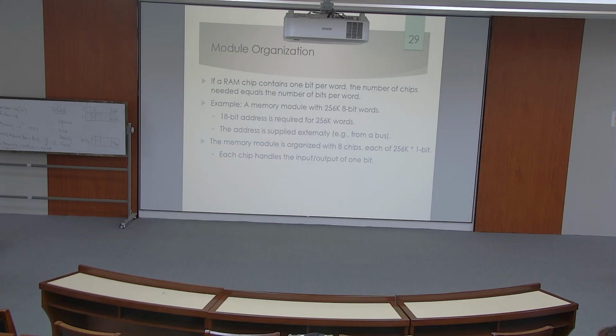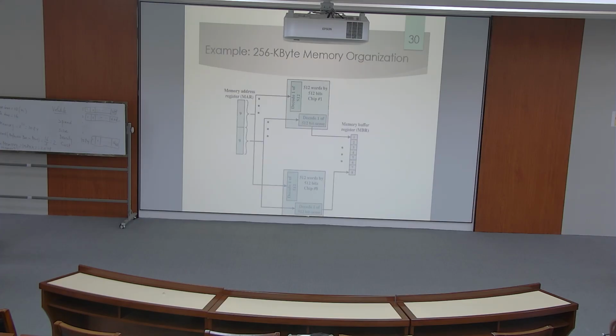So the memory module is then organized with 8 chips, each one 256 kilobytes times 1 bit. That means each chip has to handle the input and output of 1 bit. So it has to deal with this input and output, but the input and output only need to be 1 bit, as specified by this memory module organization.